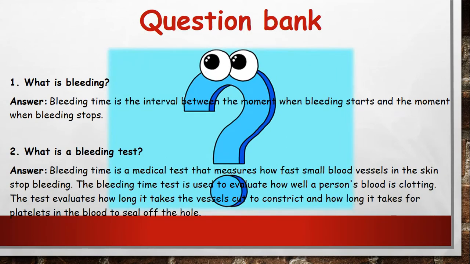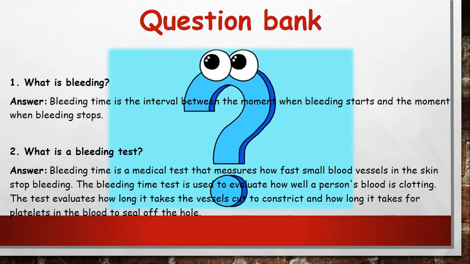Now next one is the question bank for viva. First one is, what is bleeding time? Bleeding time is the interval between the moment when bleeding starts and the moment when the bleeding gets stopped. Second question, what is a bleeding test?